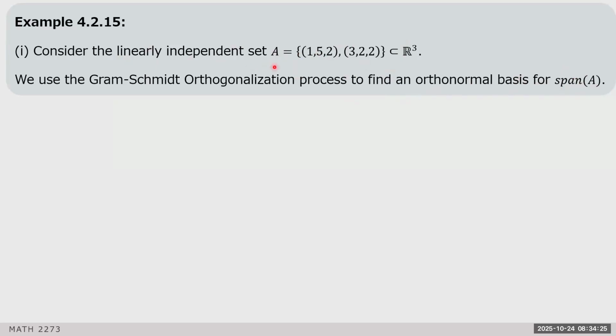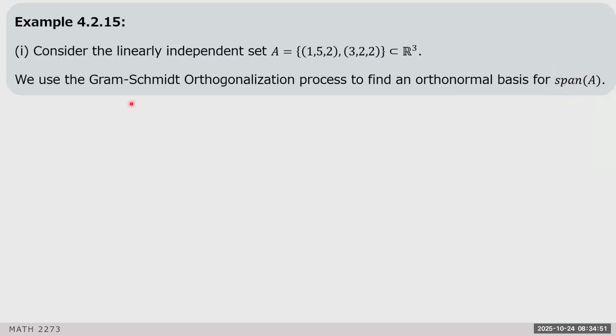A is linearly independent, and it spans the space, because the space is the span of A. Remember, the span of a set is always a subspace. So A is a basis for this subspace.